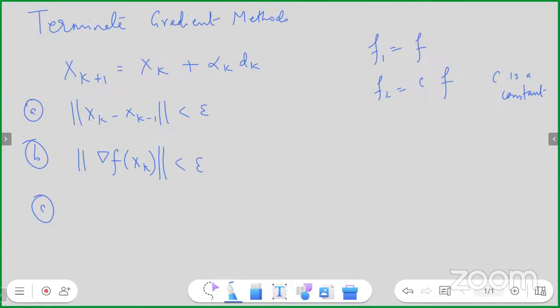So what if I just normalize it with the first starting point? So at least the scale invariance will be a property of the algorithm. So instead of just looking at the gradient at point xk, I divide it by the gradient at point x0, or in fact any other point in between.